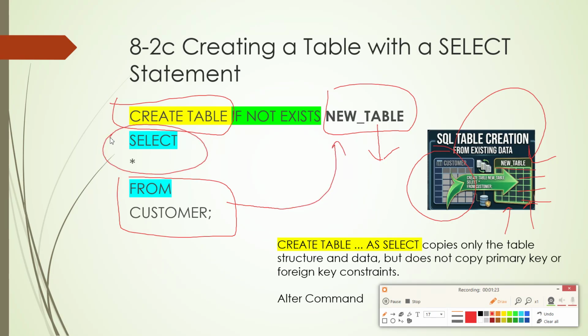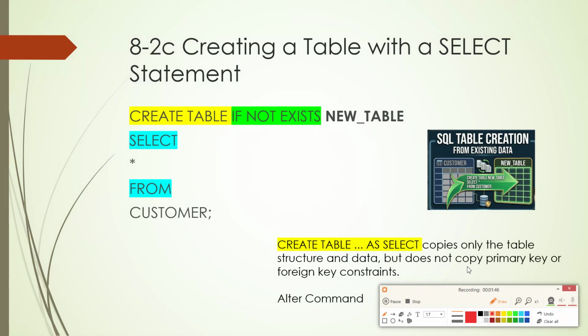But here one thing most important to be noted is that when this new table is created, it will not copy the primary key and foreign key constraints from the customer table, and we will need to add them at a later stage using the alter statement.